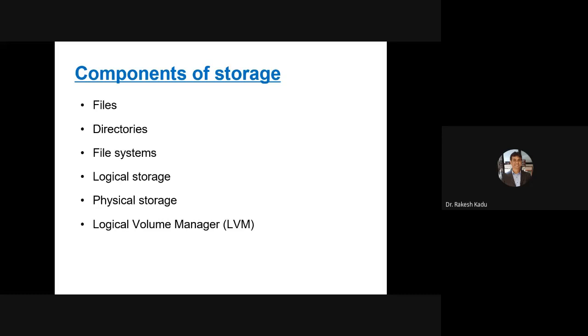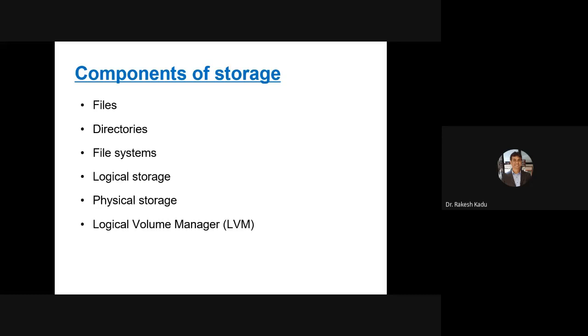Okay, physical storage. Physical storage means the actual hard disk drive, a physical device which we connect to the computer for storing data. When you connect a hard disk, it gets a nomenclature, a particular name. For example, in the Linux operating system your hard disk is identified using SDA, SDB.